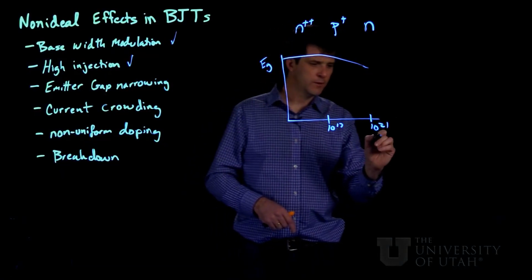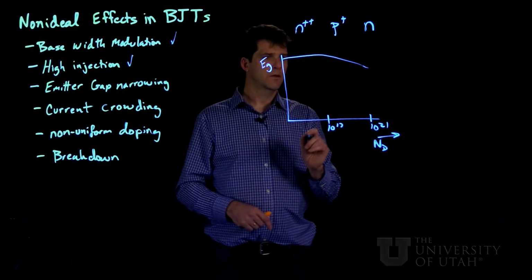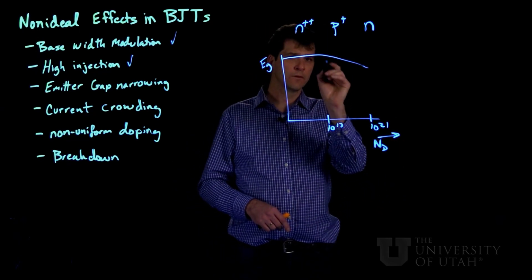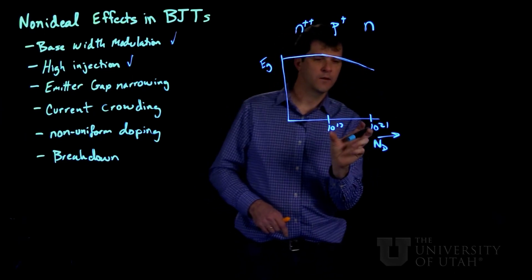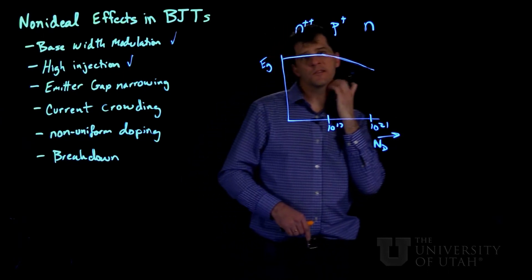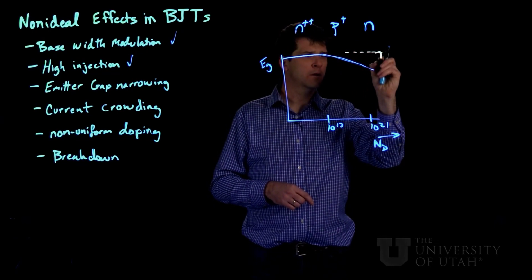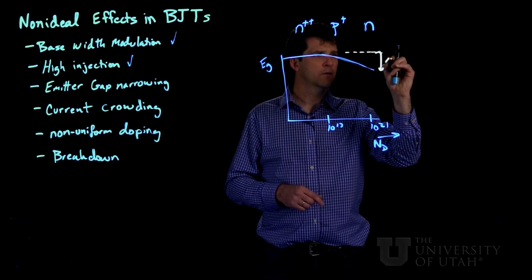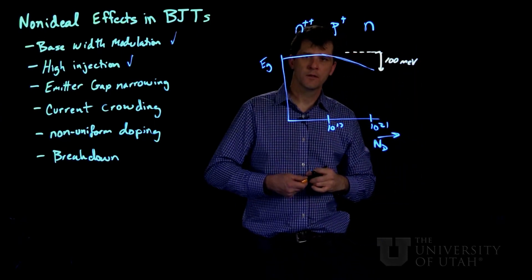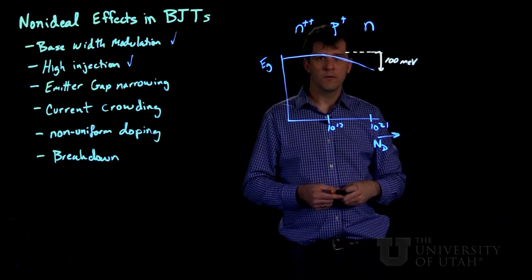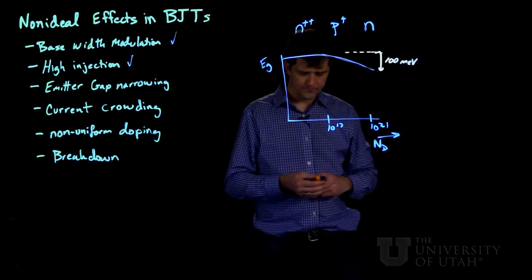If we plot the doping on this axis, as we get into higher and higher dopings, the band gap starts to decrease almost linearly with the logarithm of the doping concentration. And the change in band gap here is on the order of about 100 milli electron volts. So silicon can go from having a band gap of 1.12 electron volts to something like 1.0.